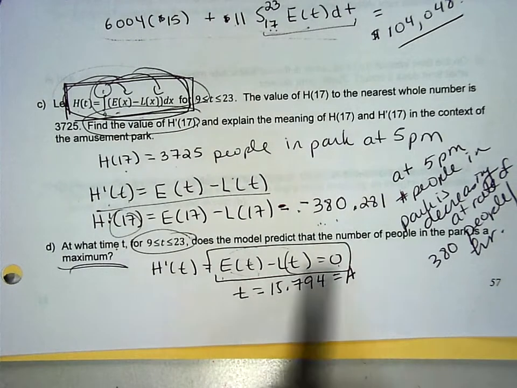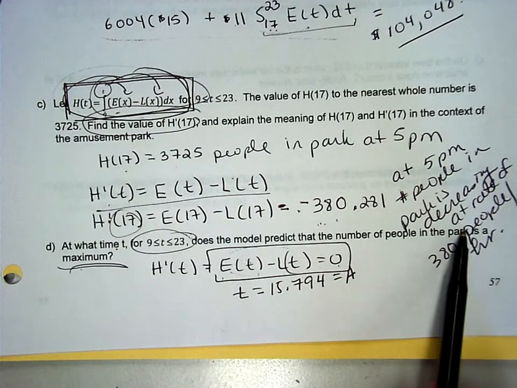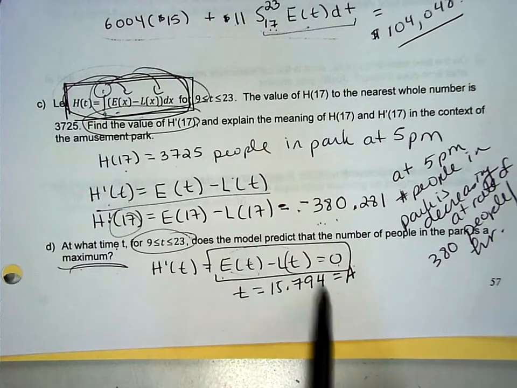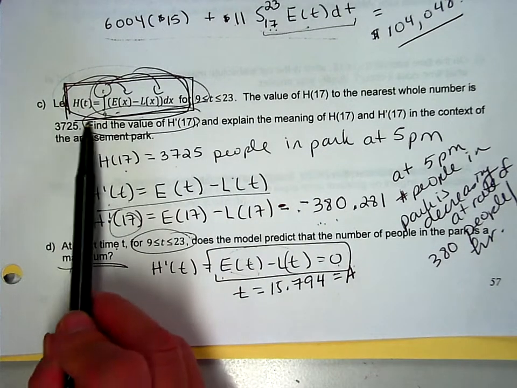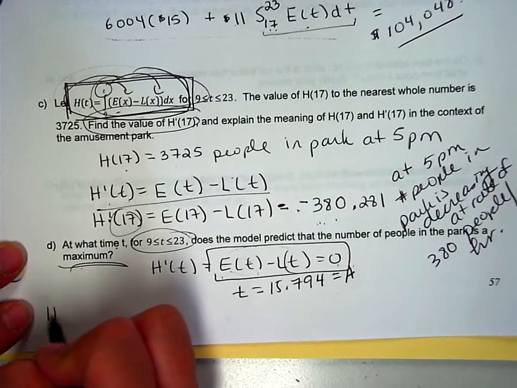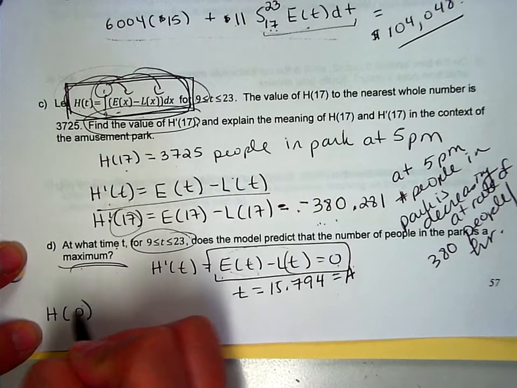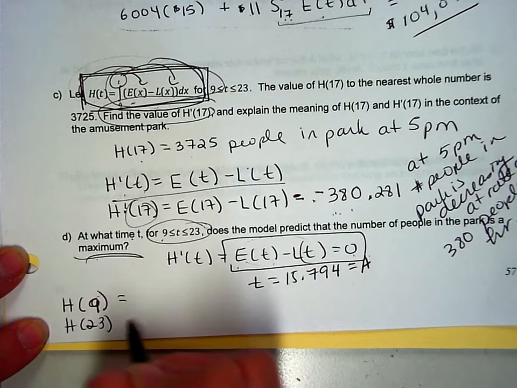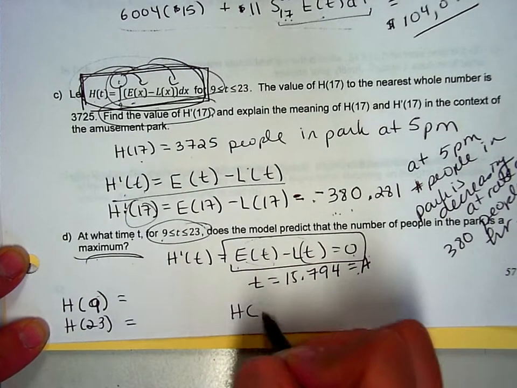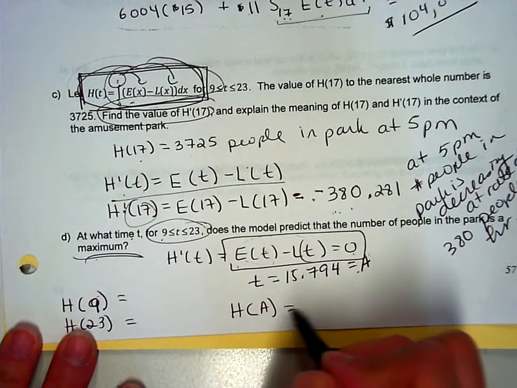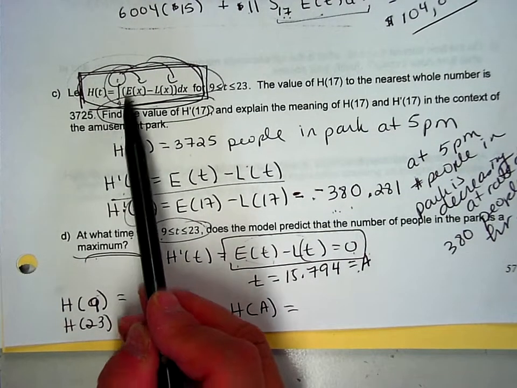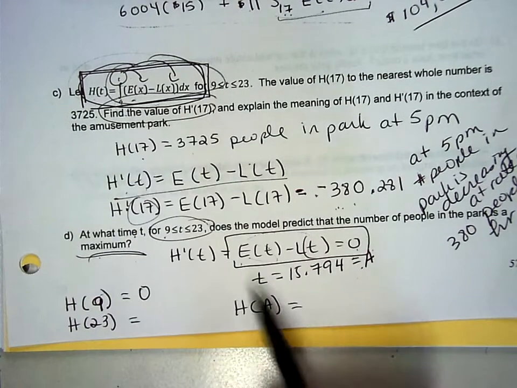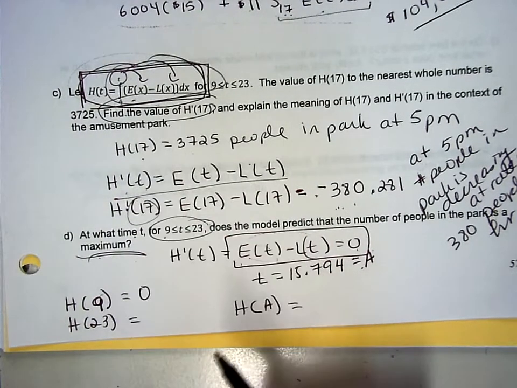And then how do we find the absolute max? If there's no word relative in front, remember it means absolute. We take all our possibilities and plug them back into the original function, which is this function right here. So I need to find h of 9, h of 23, and h of this number that I called A. You're going to use your calculator. 9 to 9 will give me 0 since the bounds are the same. 9 to 23 of this entire function, and 9 to A of this entire function.